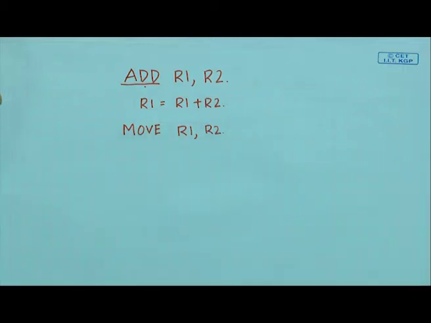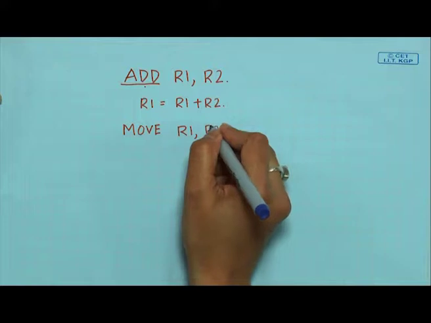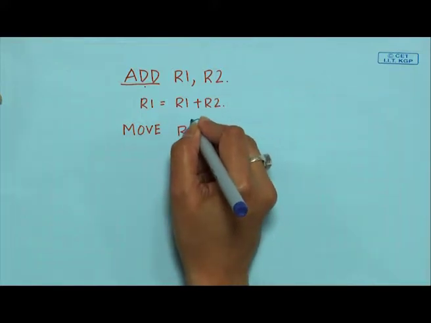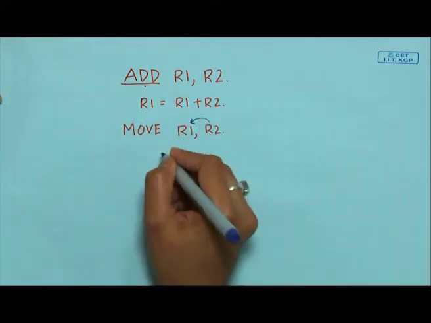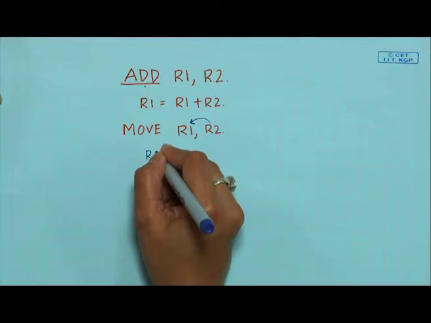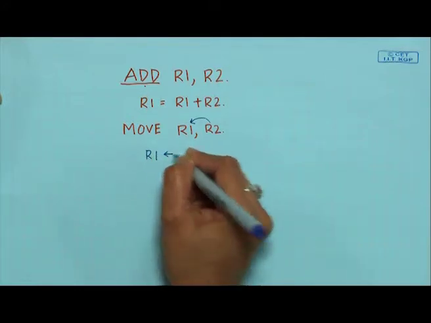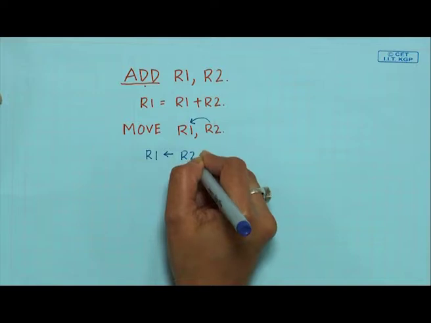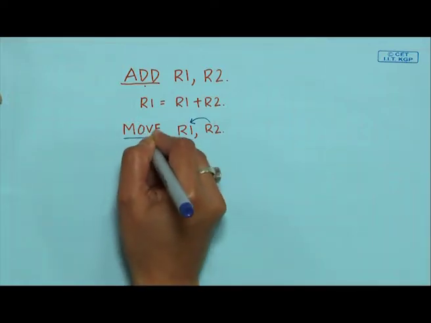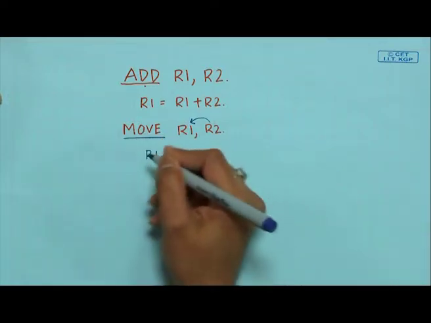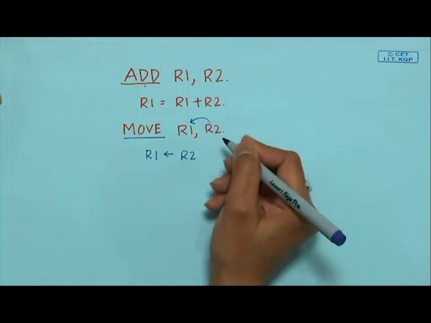What will this instruction do? It will move the data from R2 to R1, so R1 will have the value of R2. Such instructions are called data transfer instructions.